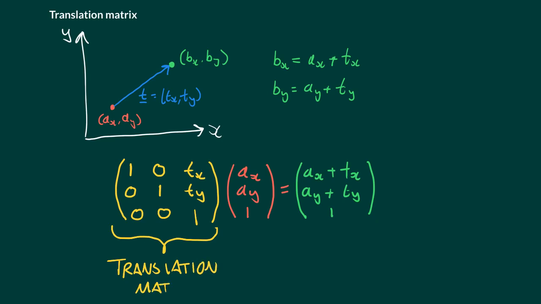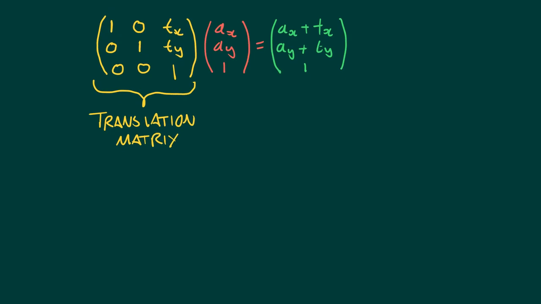because it simply translates a set of points along the vector t. That's in 2D, and it quite naturally follows that we can write a 3D version. So in 3D we've got a 4 by 4 matrix, very similar, but we just add a z component to our vector t. So 0, 0, 1, tz, and 0, 0, 0, 1.